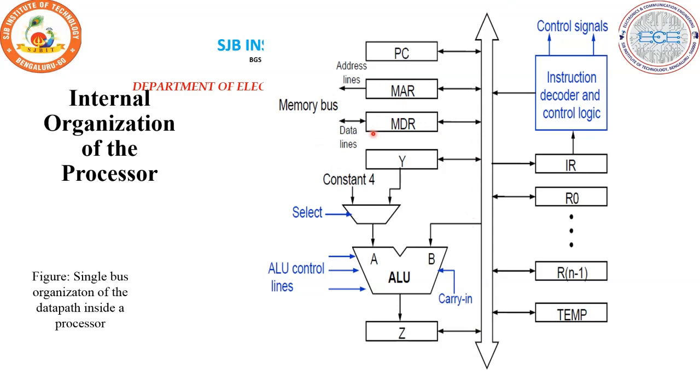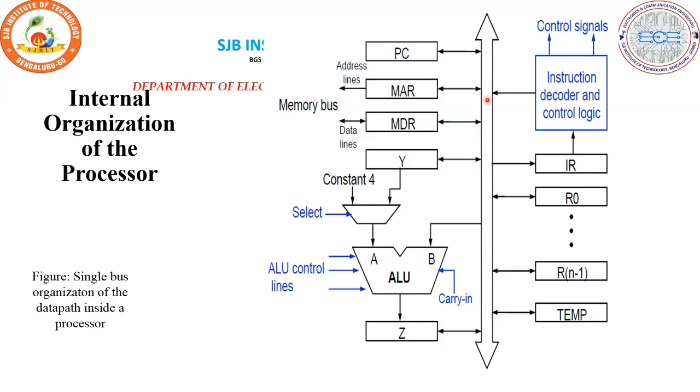Data may be loaded into the MDR either from the memory bus or from the internal processor bus. The data fetched from the external memory is stored in the MDR, and may be placed on either bus. The input of the MDR is connected to the internal bus, and its output is connected to the external bus.